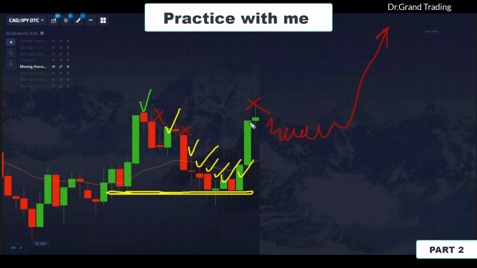Every tick of the market gives you a message. The message here is that the sellers are not going to enter, and this is not an exhaustion candle. So this candle shows us that this is not exactly like the previous candle, so the buyers might enter again.